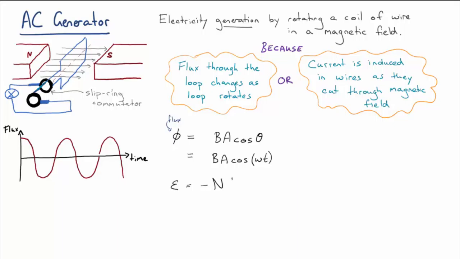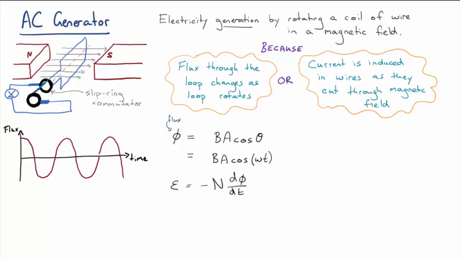Now the EMF is the rate of change of flux. I've written d phi dt here instead of delta phi delta t. This is a more proper way of writing it, but don't get too worried. You could just replace those with deltas if that helps. In this case, though, because we've got a constantly changing flux, we really do need to understand that it's the slope of the flux curve.